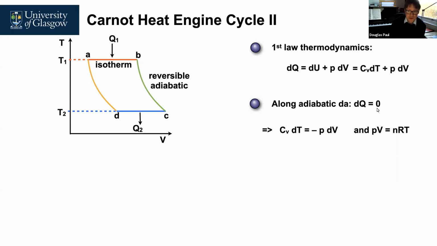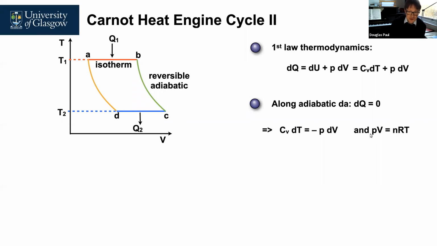So dQ equals 0, and we can rearrange, moving p dV onto the other side of the equation. Because dQ is 0, we end up with the specific heat capacity at constant volume times the incremental change in temperature equals minus the pressure times the incremental change in volume.